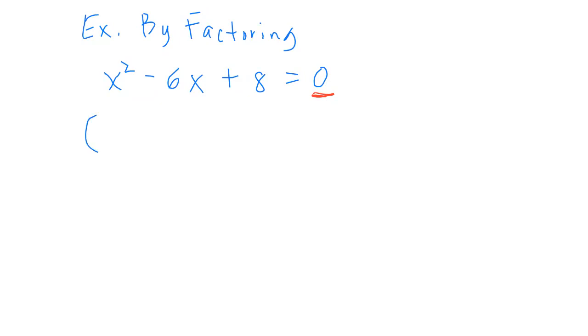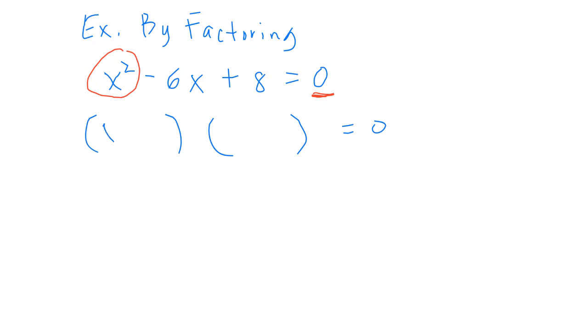Okay, so this is by factoring. By trial and error, you will do two binomials here equals 0. The first one that we have to consider is the first term. This is our first term, x squared, and the factors for x squared are obviously x times x. There's only one set of factors there.